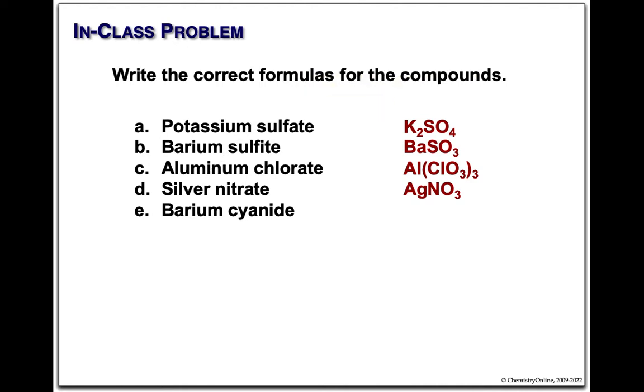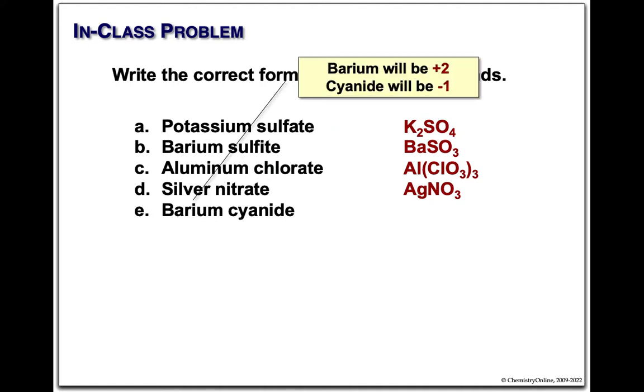Finally, barium is group 2. Cyanide, we said, was -1. We're going to need 2 cyanides for every barium. Again, we show it by taking the structure of cyanide in parentheses and showing we have 2 of them.